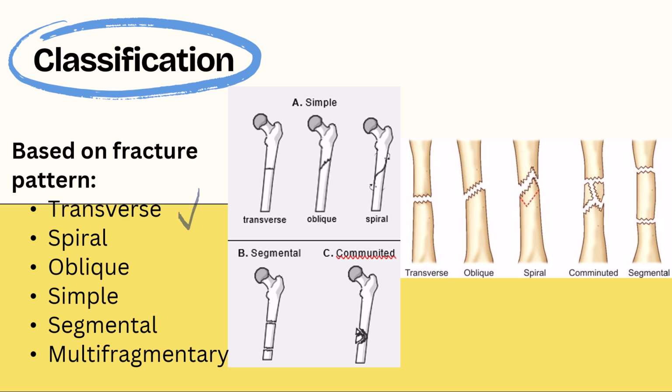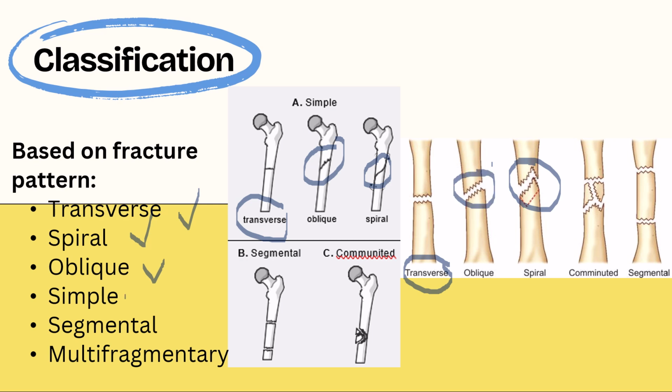This is the transverse pattern, you can see it is horizontal. And then the spiral. This is the spiral, and this. And then oblique. This is the oblique, and this.